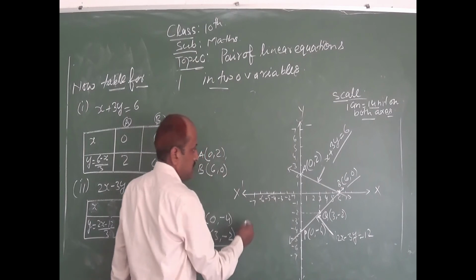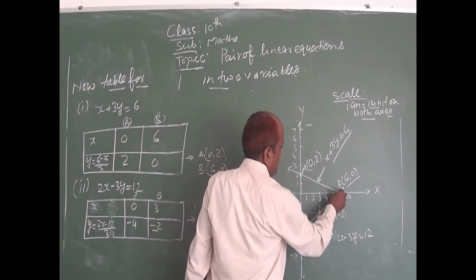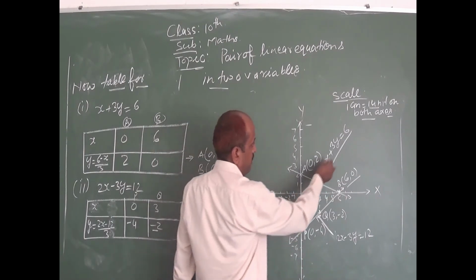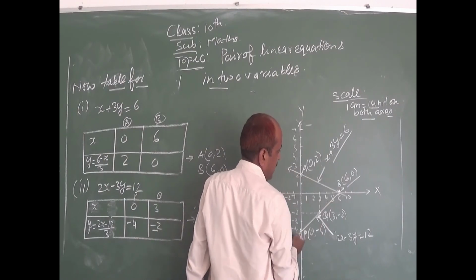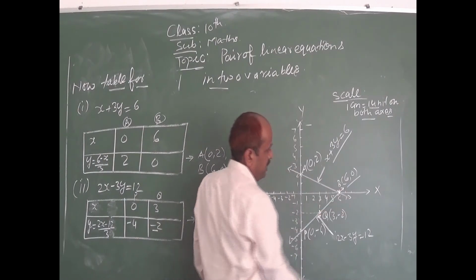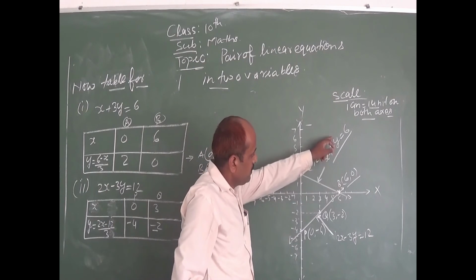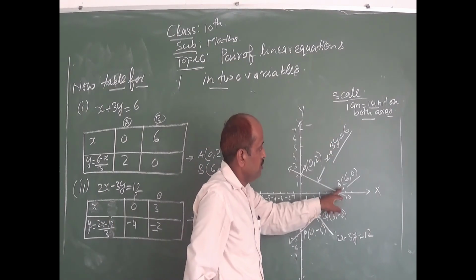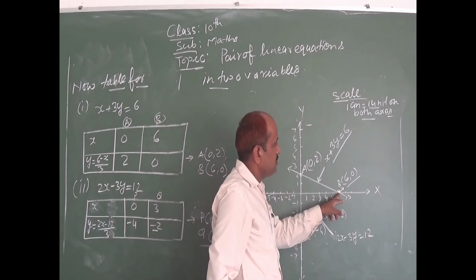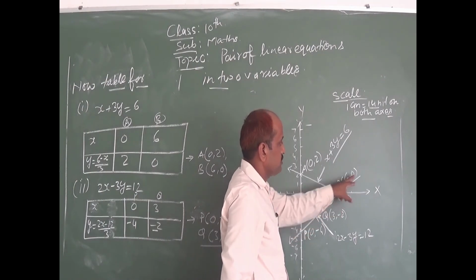So this point is common to both lines. The coordinate of this point will be the solution of the pair of linear equations. So what is the coordinate of this point? The coordinate of this point is 6, 0.